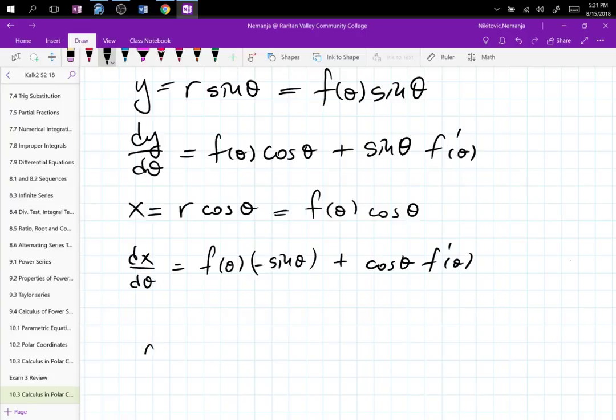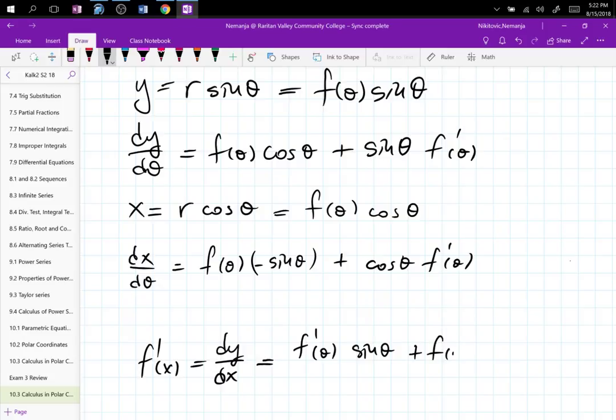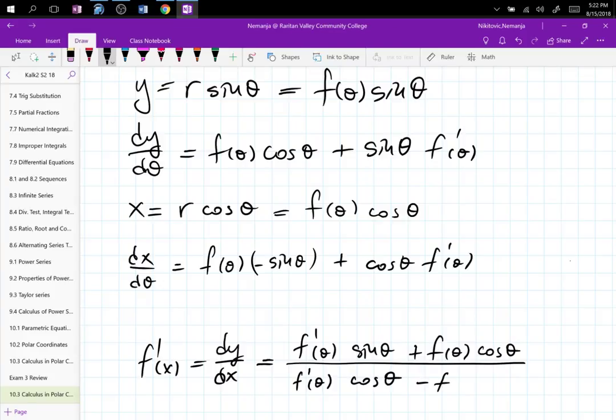So what is my f prime of x? Well, f prime of x is given as dy dx, which means we just divide dy by this. And I said to start with the derivative term first. So f prime theta sine theta plus f of theta cosine theta, divided by f prime theta cosine theta minus f of theta sine theta.